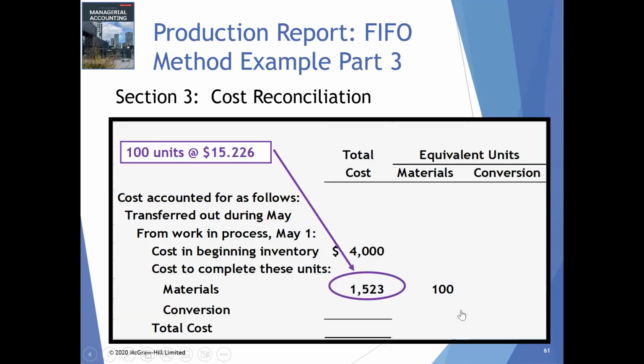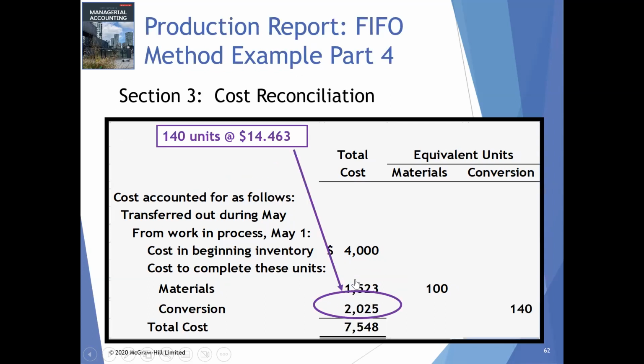Now we want to reconcile that. So reconciliation of this cost, it means the material that we have here, 100 units, multiply by 15.28 here. Second, 140 units, multiply by this, and then the total will be 7548 here.